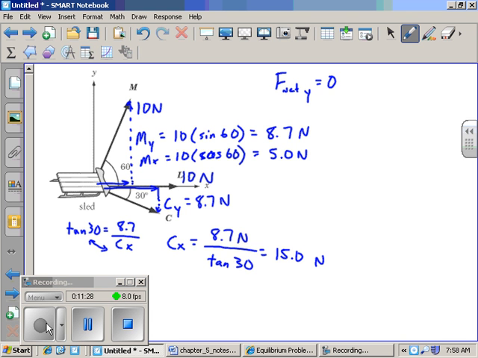So the sum of the forces in the x direction is going to be this 5 plus the 10 from Larry plus the 15 in the x direction from Curly. So we have a total of 30 newtons in the x direction. That's the net force.